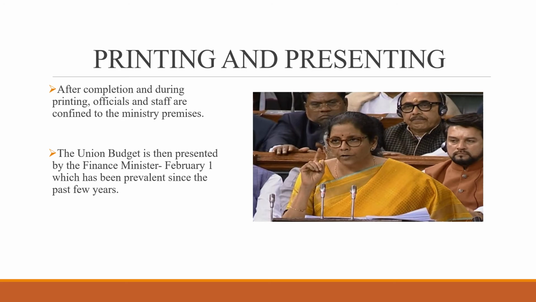The union budget is then presented in the parliament by the finance minister. For the past few years, this date has been decided as February the 1st, on which the budget has been presented by the finance minister.